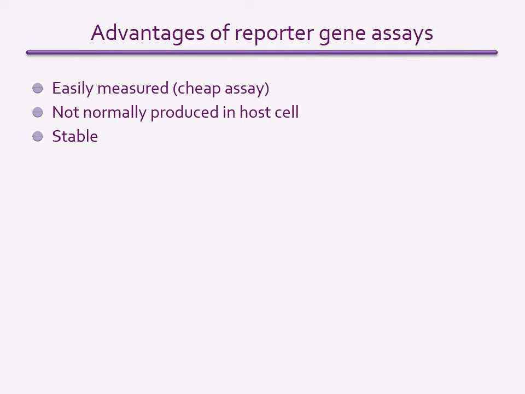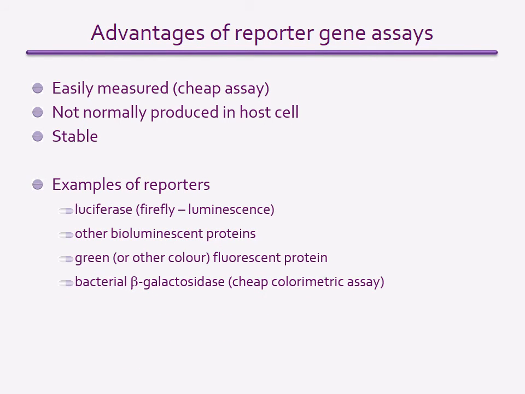The example on the last slide used luciferase as the reporter, but many other reporters are available, including a range of bioluminescent and fluorescent proteins. Bacterial beta-galactosidase is also commonly used because it can be measured using a cheap colorimetric assay. When X-gal is added to the cells, the enzyme converts it to an easily detected deep blue compound. This variety of reporter properties makes the simultaneous use of two reporters very practical.